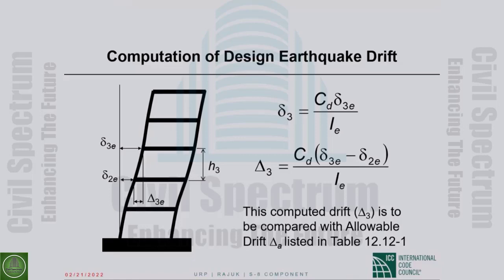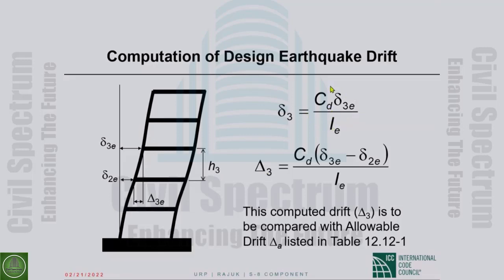And so the idea is that we should not penalize the same building twice: first, by instituting a tighter drift limit, and second, by calculating larger deflections for an important building, because the force under which we are calculating the displacement, the lateral force, is augmented by an importance factor I. So we take the I out of the deflection calculation.